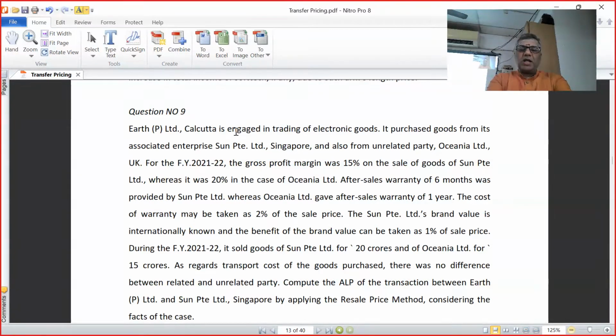As regards transport cost of the goods purchased, there was no difference between unrelated party and related party. Compute the arm's length price of the transaction by applying the resale price methodology.